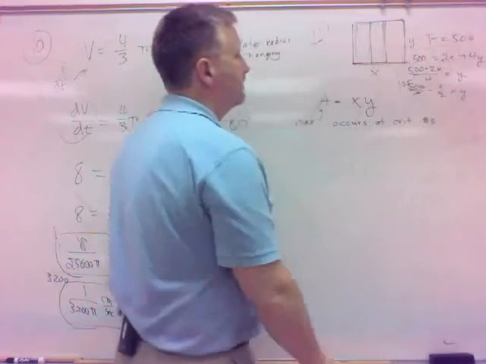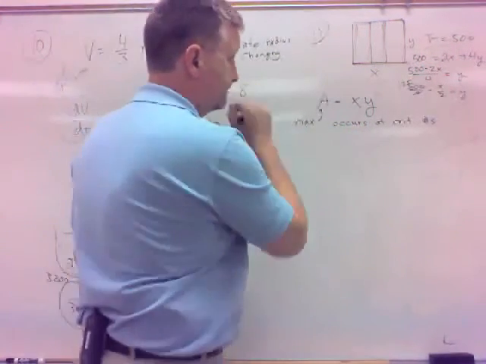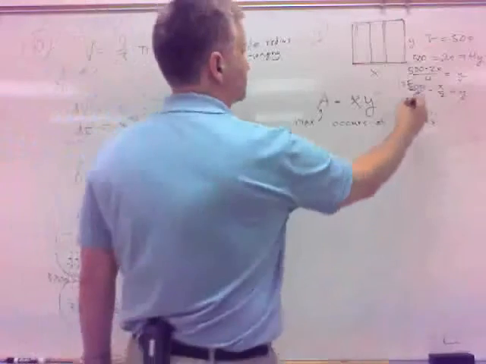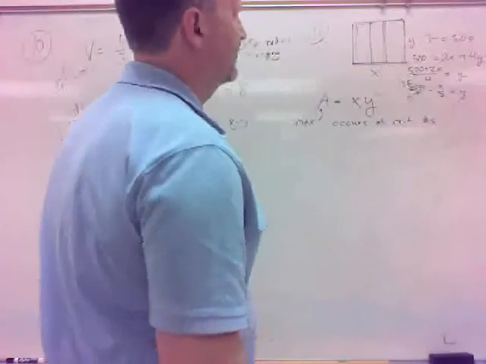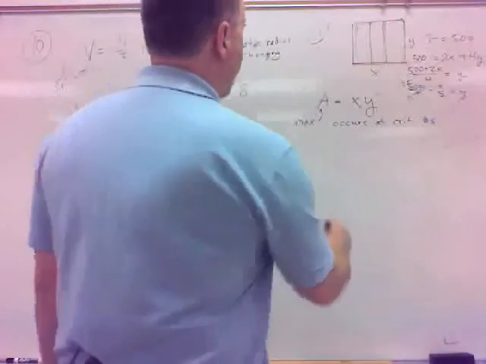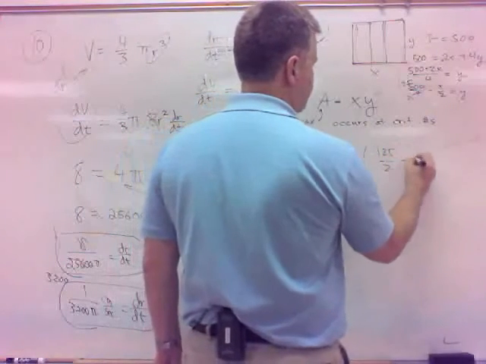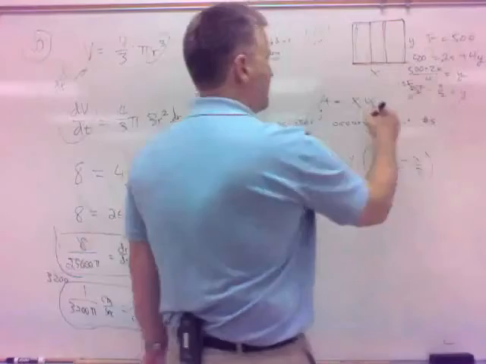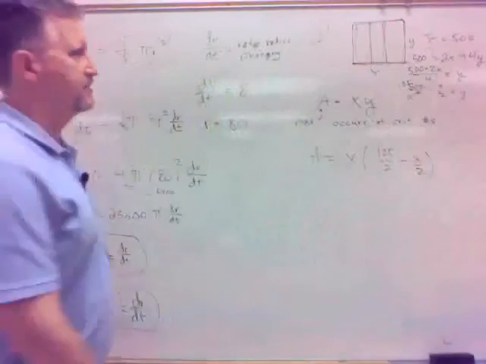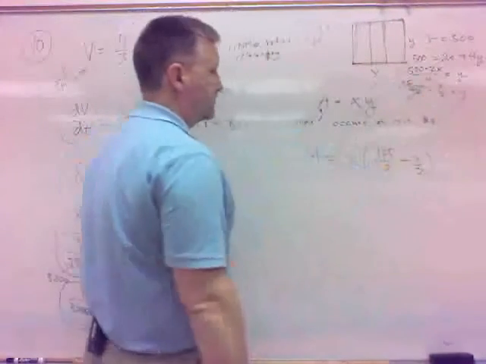All right, so A equals x times 125 over 2 minus x over 2, if I were now to replace my y by this y equals equation.